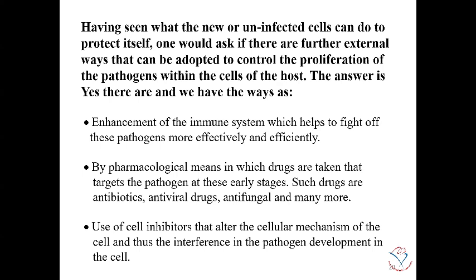Just like when a disease enters the body, the CD4 informs the bone marrow, oh, look at this, produce a specific CD8 that can fight this disease. But if this specific disease is changed within that period, the CD8 may be released but may not recognize the disease eventually because it's a different form. In the same way, when the pathogen has entered, it recognizes the cell and the composition and makeup of the cell. If the cellular mechanism is changed, the pathogen will be affected because it has not recognized that.